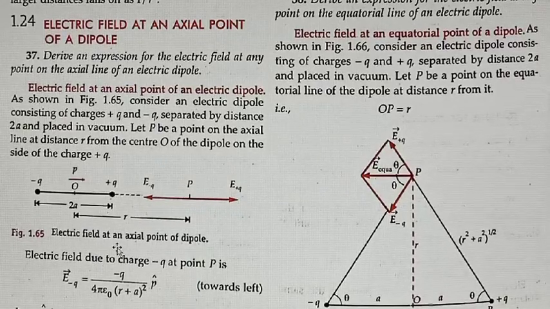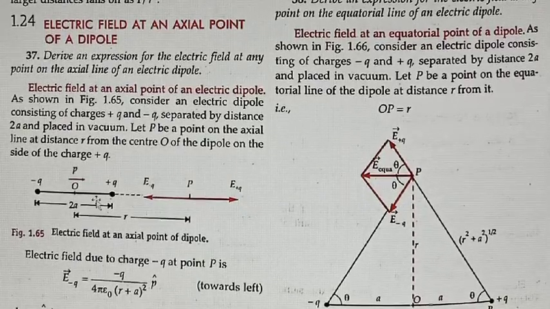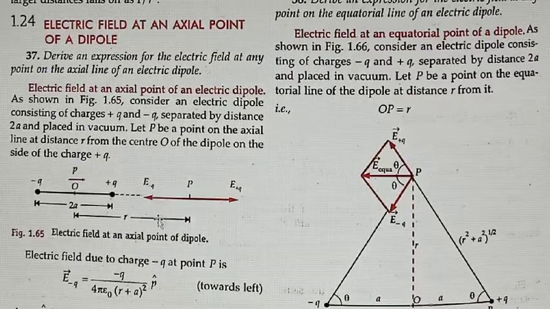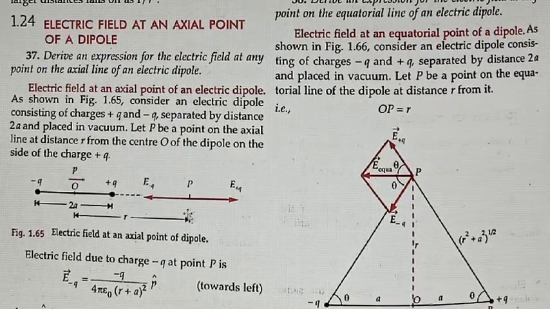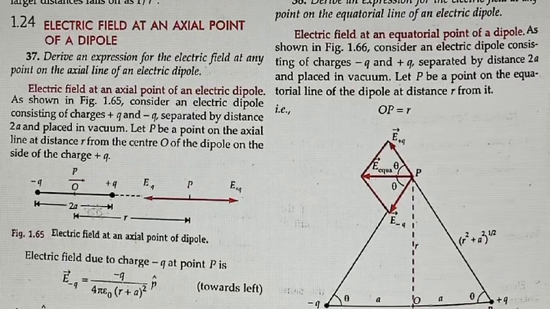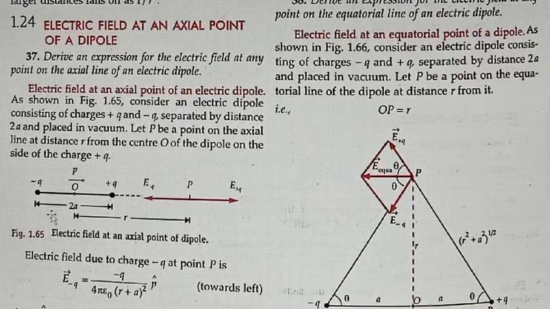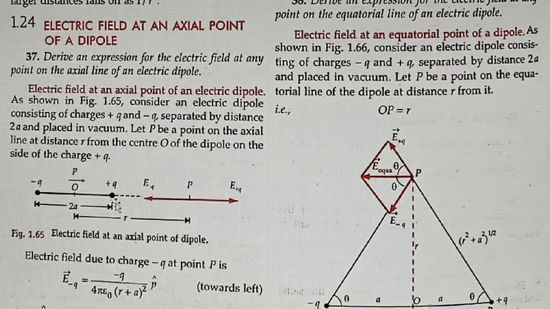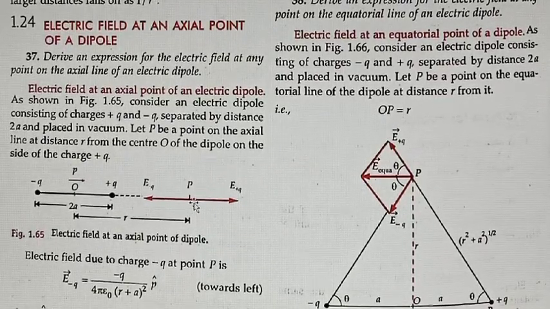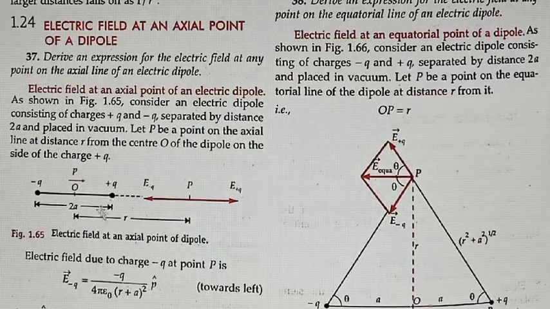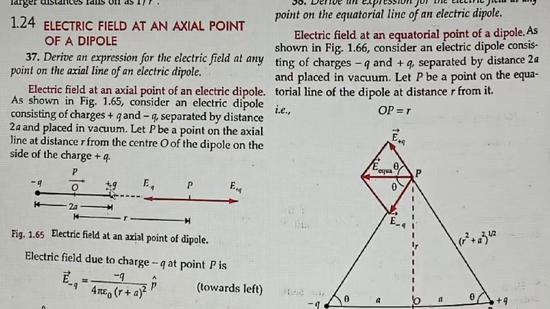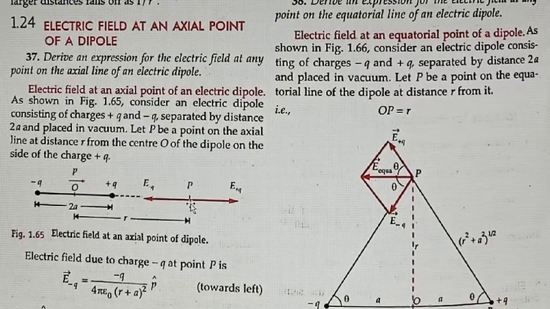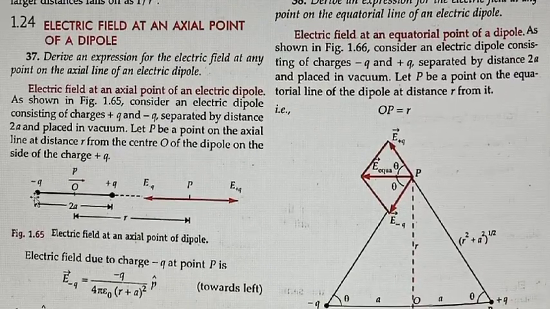For that you need to know the distance of minus q from P and distance of plus q from P. You can see here in this diagram, distance of minus q from P is r plus a, because this part is a, and distance of plus q from P is r minus a.